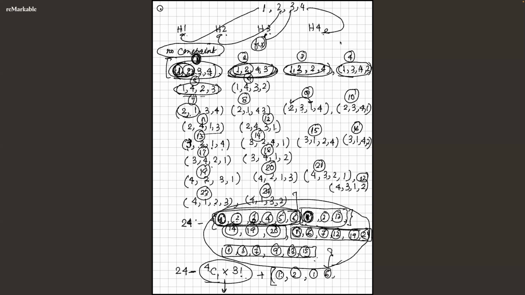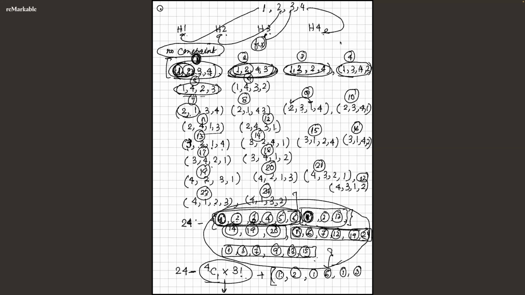Now A and D. 1 and 3. That's it, right? Very good. So 1, 3, 2, 4. Yeah, correct. So now it's done. Now A and D. Okay.